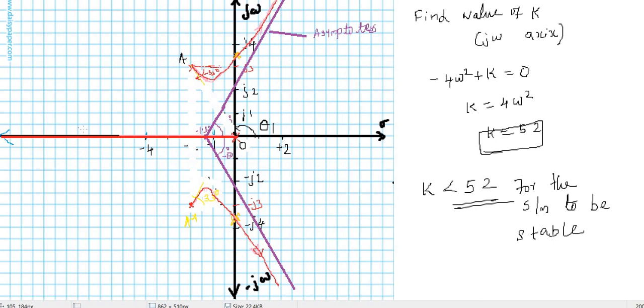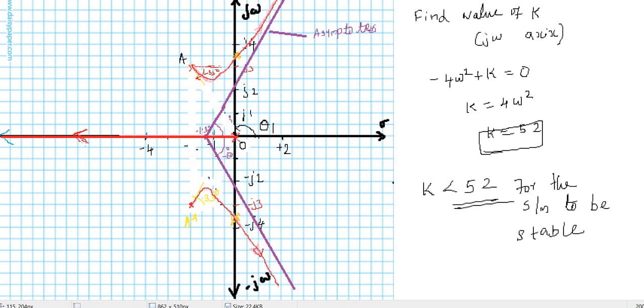So we got that there are 3 root locus branches. Each root locus branch starts from a pole and ends at a zero at infinity. There are no breakaway or break-in points. Since there are complex poles, there is an angle of departure that we got as minus 33 degree and plus 33 degree, and angles of asymptotes are also there, and we got the centroid, the point of intersection of asymptotes, as minus 1.33.